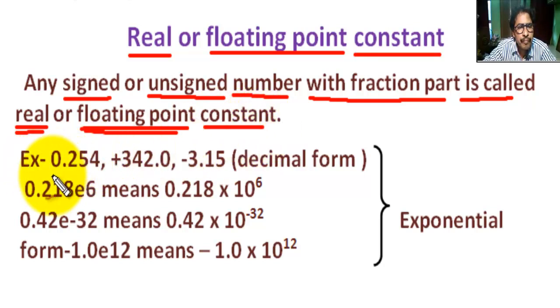Example, 0.254 is a real constant or floating point constant, plus 342.0, minus 3.15.